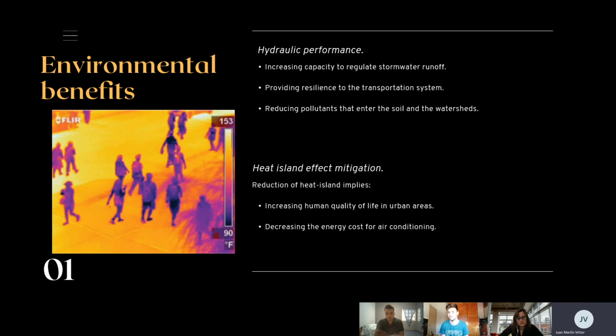The implementation of permeable concrete contributes to reduce the heat island effect due to its light color, and its open pore structure allows the hot airflow to get into its structure until it is dissipated. As a result, we obtain an increase in the quality of life and a decrease in energy costs for air conditioning.